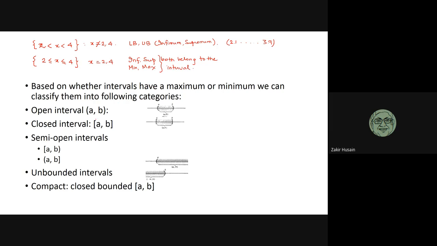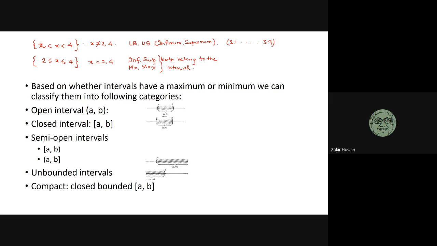We represent this using square brackets. In both cases, the infimum and supremum is 2 and 4, but we have to write a and b within brackets, but the type of bracket that we use indicates whether it is an open interval or whether it is a closed interval.